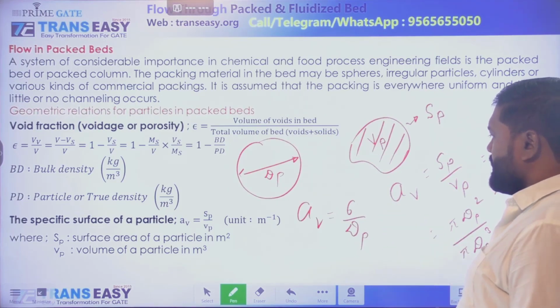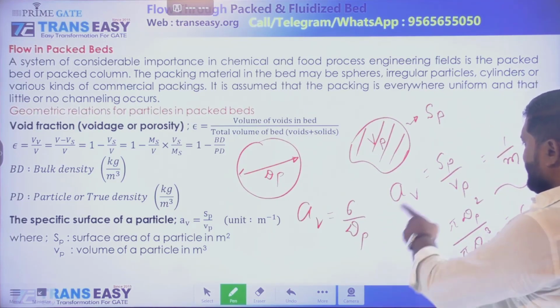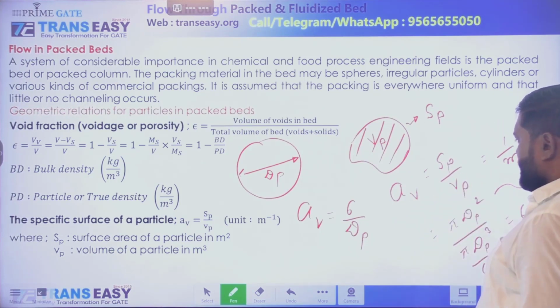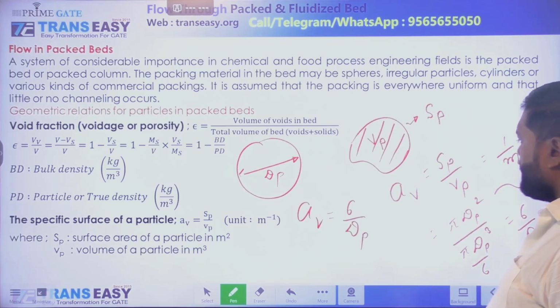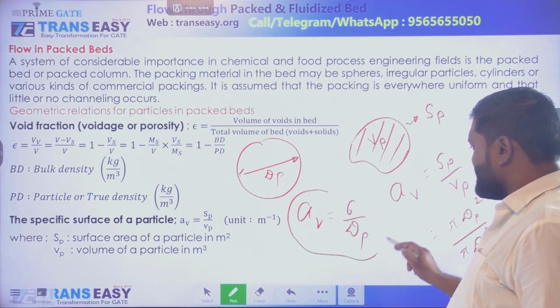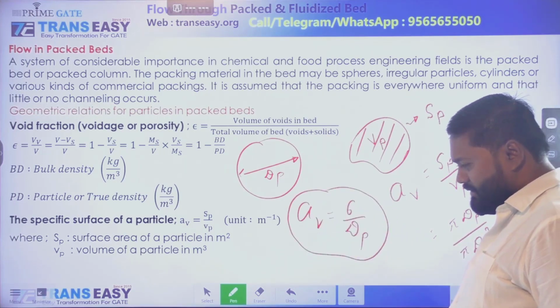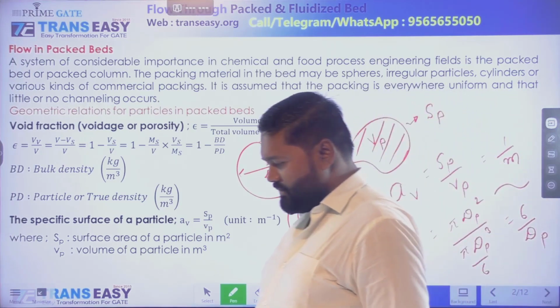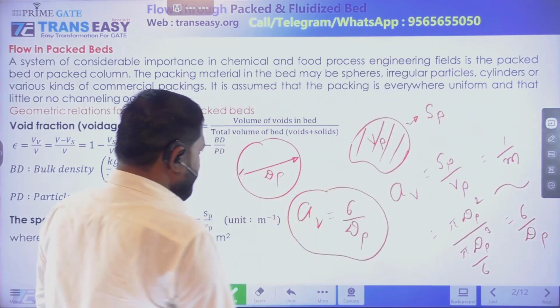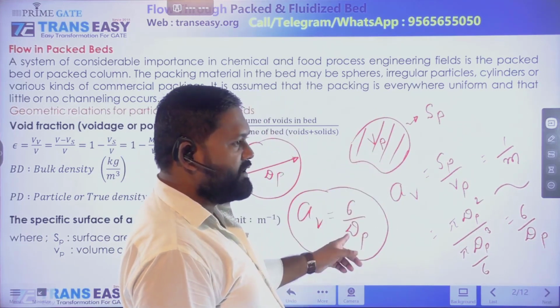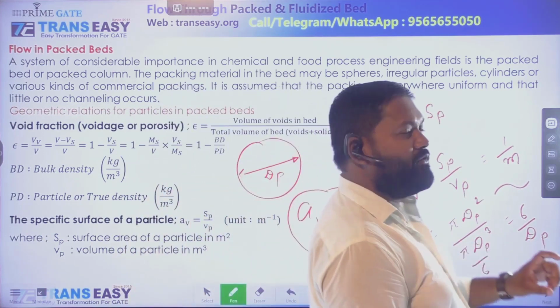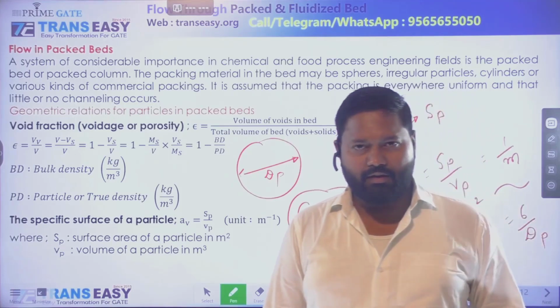And for non-spherical shape, it is Sp upon Vp. This is the fundamental definition. Dear friends, we can use this relation for AV for a spherical particle and for a non-spherical particle also. So we need to calculate the effective diameter of a non-spherical particle.